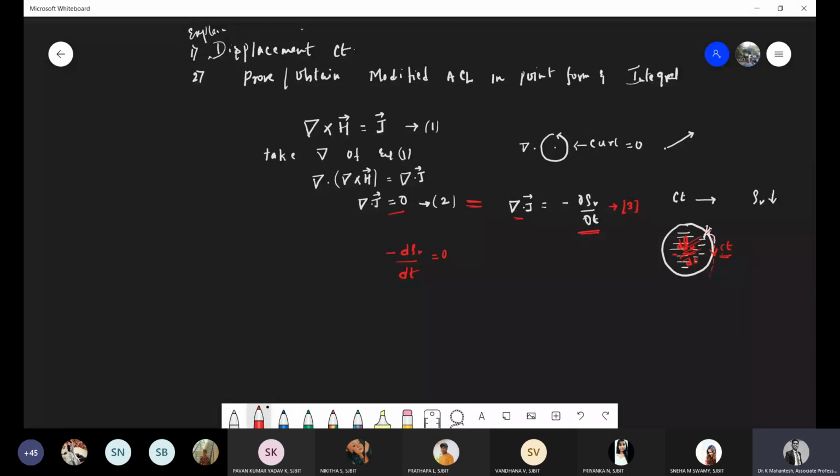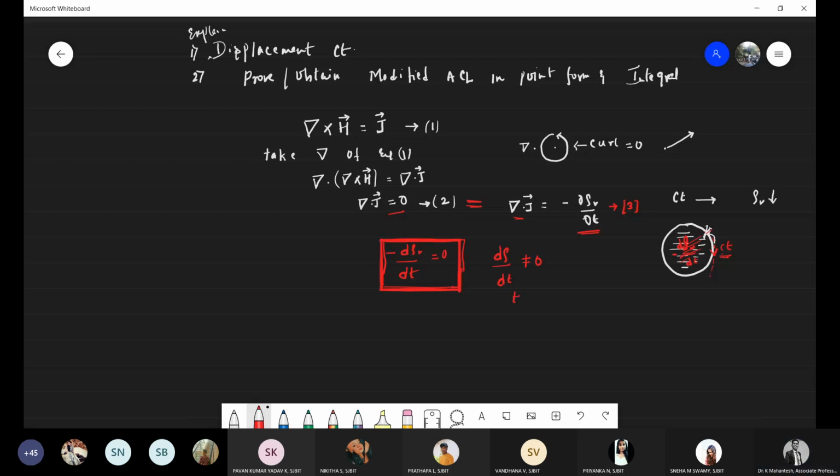But you cannot say d rho v by dt is 0, right? So this is not applicable for time varying fields. This is why I proved that there is a necessity of modification for the existing Ampere circuital law. What happens with respect to time varying distributions? d rho v by dt is not equal to 0. Correct? d rho v by dt is not equal to 0.